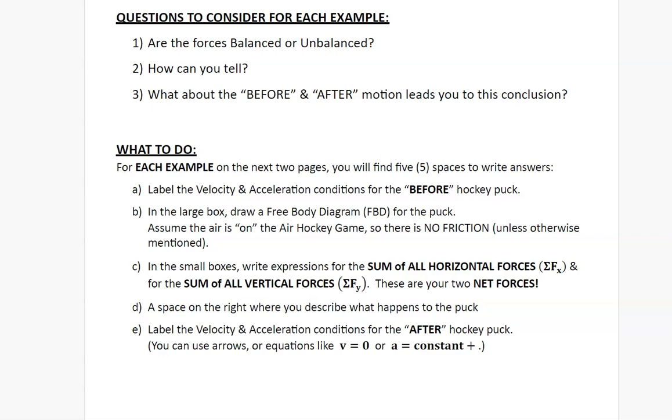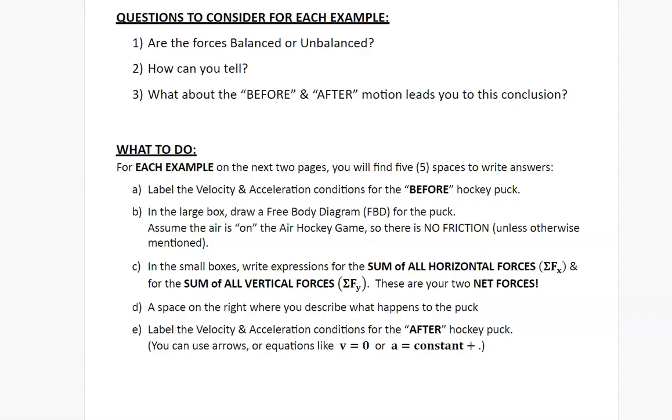All right. In addition, there's a small space labeled D, and this is where you're going to describe what's happening to the puck. Is it staying still? Is it accelerating? Is it moving at a constant velocity, etc.? All right. And then part E, you're going to see another picture of a puck, and you're going to label the velocity and acceleration conditions for the after hockey puck.